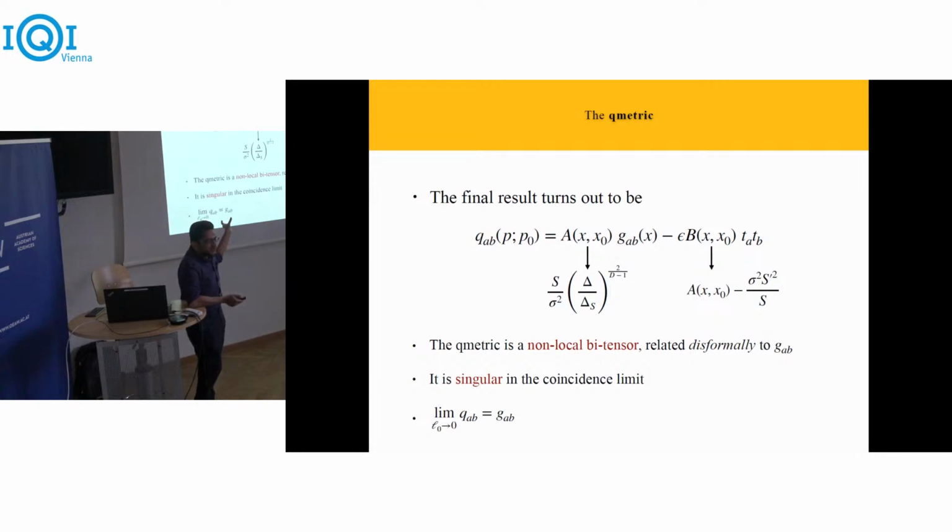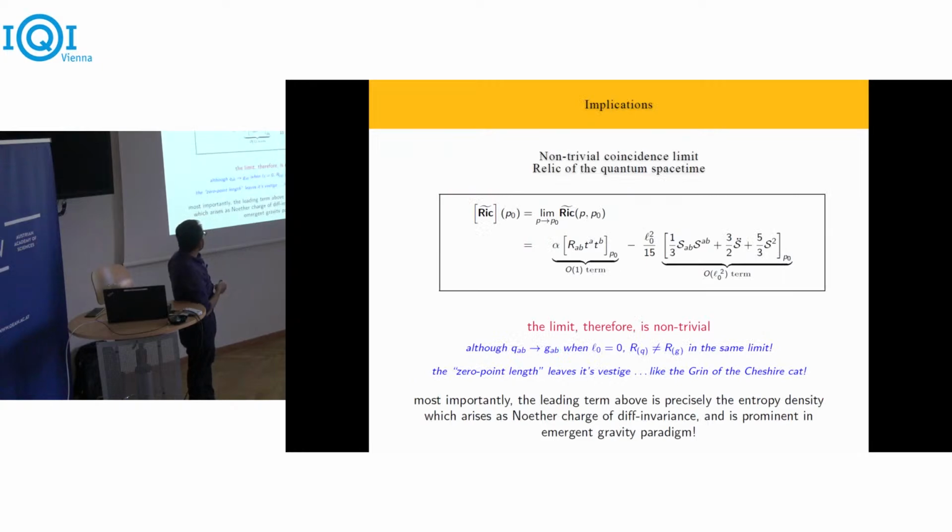So, there has to be some kind of a divergence at the level of metric tensor, but that divergence may not be physical because one needs to compute the Riemann tensor, Ricci scalar and all those things from this geometry and see whether they are divergent or not, which is what I am just going to display next. So, you can do that, you can construct the Ricci scalar corresponding to that effective geometry, and that has some really interesting effects which we call the grin of the Cheshire cat.